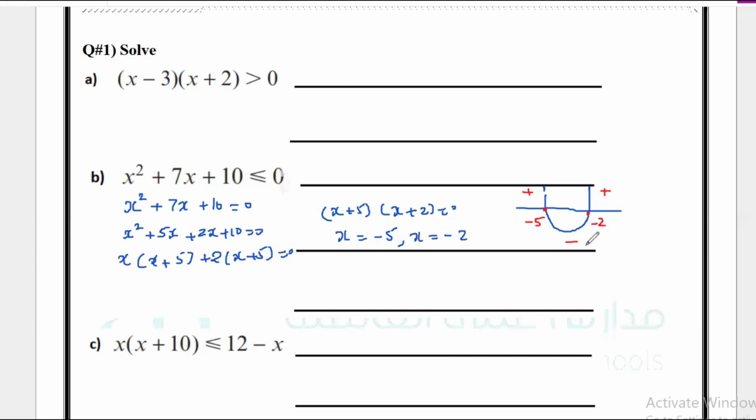So we will focus on the decreasing side, which is below the x-axis or below the line. So x greater than -5 shows decreasing and less than -5 shows increasing. So we can say x greater than or equal to -5 and x less than or equal to -2 shows decreasing and greater than -2 shows increasing. As the inequality shows us a decreasing function, x less than or equal to -2 will work for us.